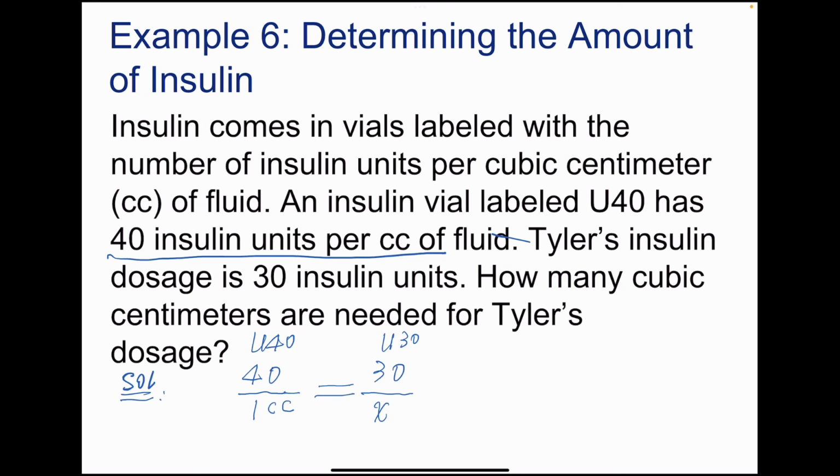So therefore you can equate them. And then obviously if you use cross multiplication, you get 40x equal to 30 times 1, which gives you x equals 30 divided by 40, which is 0.75, and here the unit is cc. So that's your solution. So that's it.